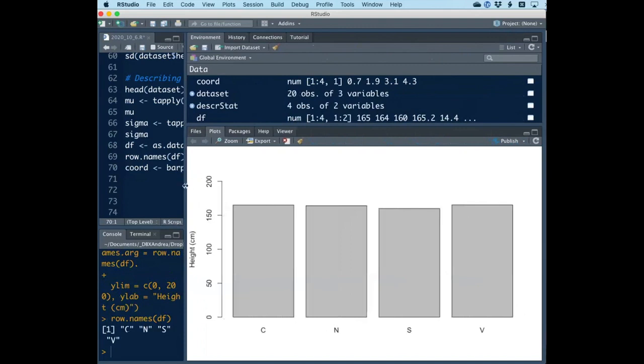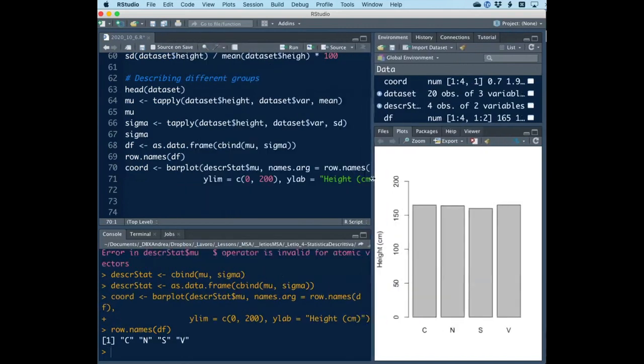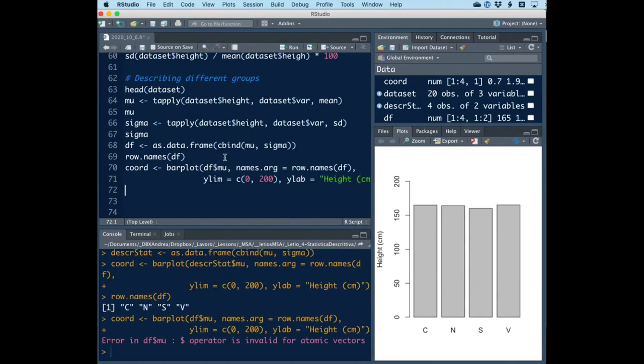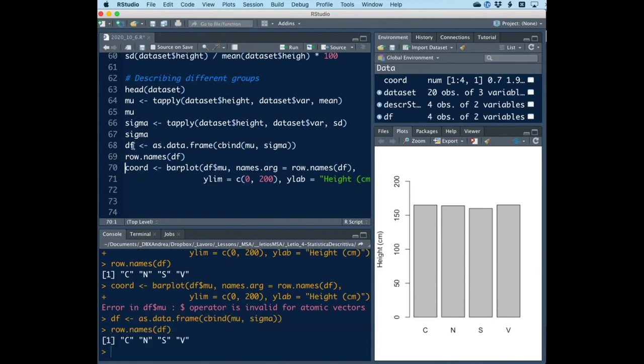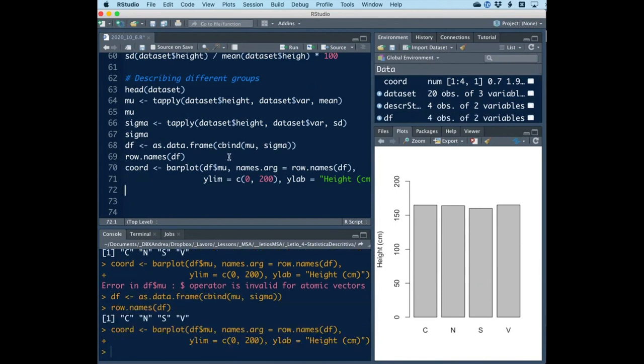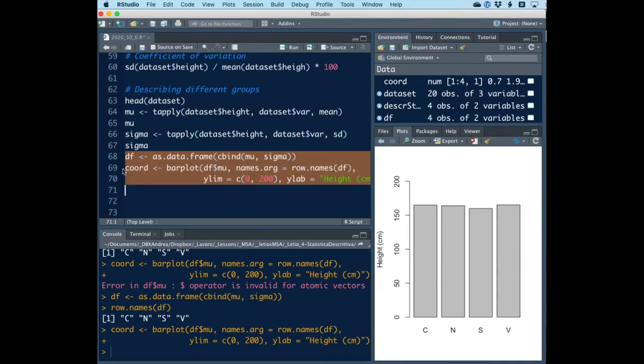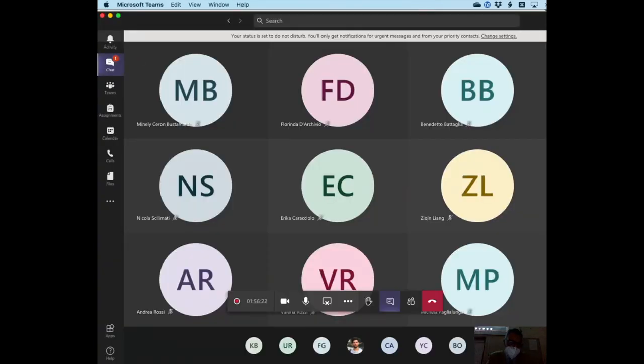Oops, sorry. So this would be df and move. Oh gosh, again. Now it should be okay. So I'm giving you the clean code to plot the bar plot.